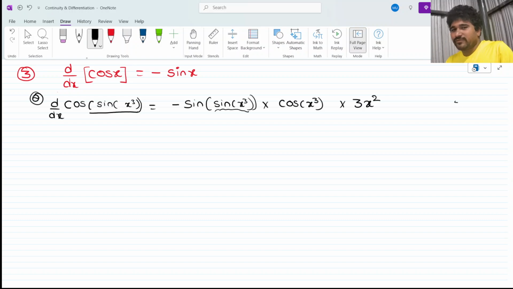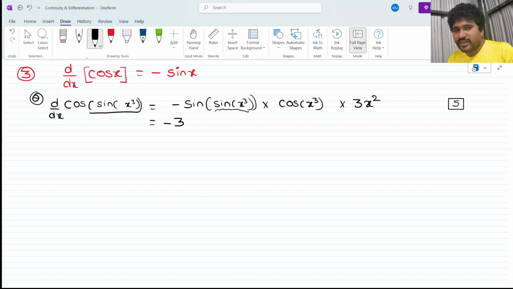So by this time, at least 5 people might have become perfectly confident about this differentiation. If I know the formula, I understood the pattern. Is that clear? If you remember the formula, you will be able to do it now, because the pattern is ready. Yes or no? So what is the final way of representation? Always remember the sign first, whether plus or minus. There is a minus, so minus first. After that, the constant. Then simple functions you have to write.